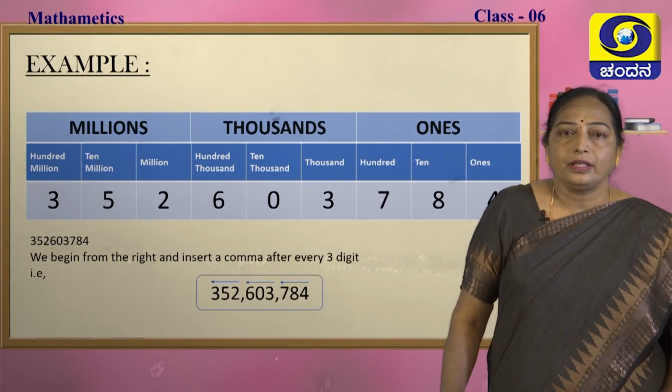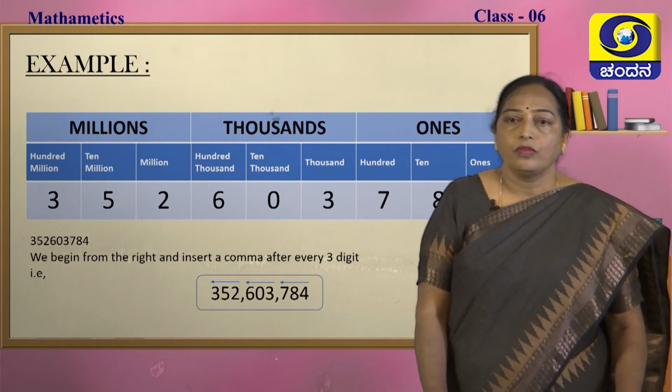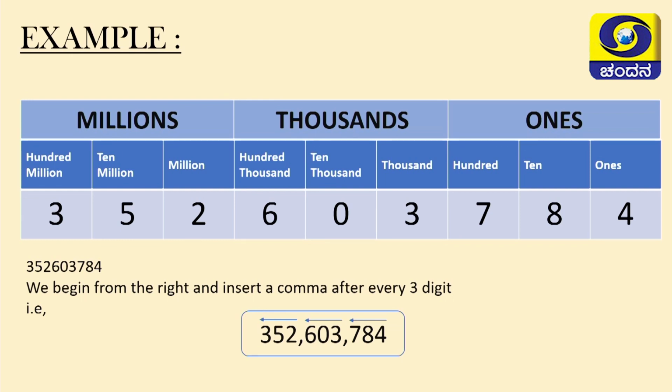Let us see one example. The number to insert in the international system is 352603784. 352,603,784.